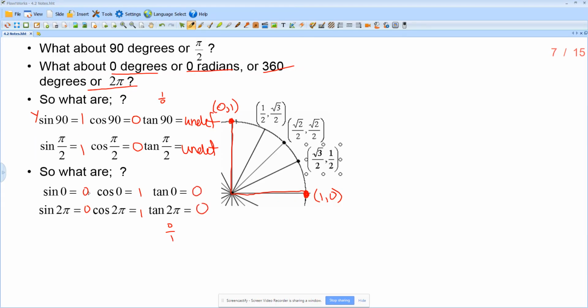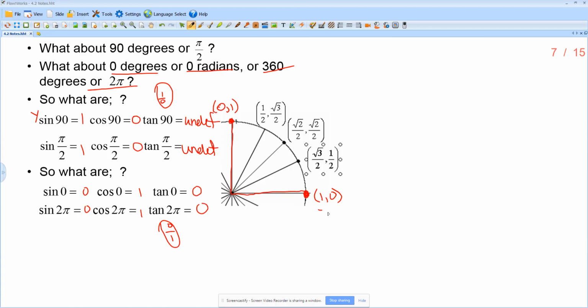You'll notice that these are just switching from each other. The sine of 90 was the cosine of 0. The cosine of 90 was the sine of 0. And the tangents went from 1 over 0 to 0 over 1. So it switched from undefined to 0.